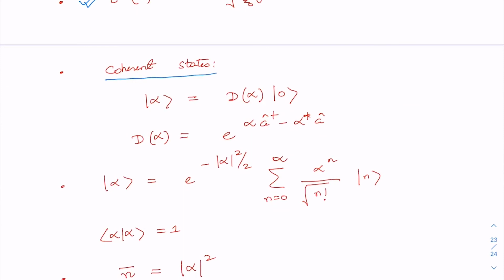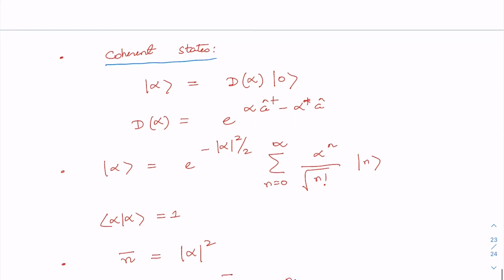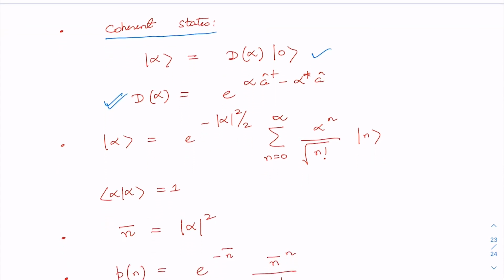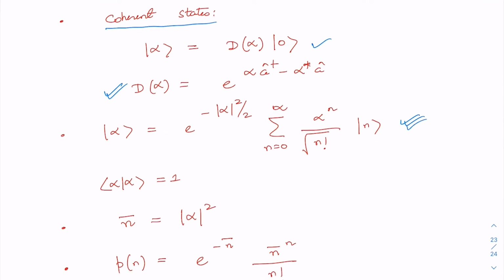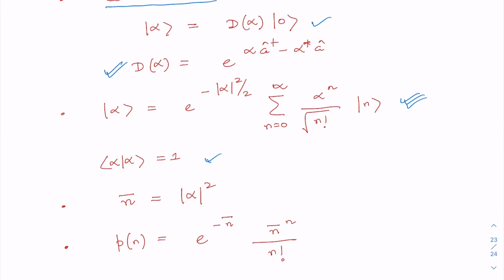It is one of the important quantum states of a harmonic oscillator or electromagnetic radiation, because we now know that quantized electromagnetic radiation behaves like a harmonic oscillator. We saw that the coherent state is nothing but a displaced ground state, and D(alpha) is the displacement operator. This coherent state can be expressed in terms of number states by this popular expression, and it is normalized.